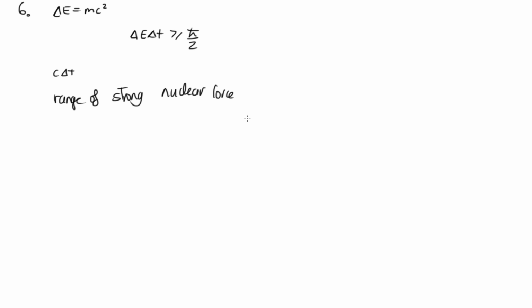So we're asked to use this to find the range of the strong nuclear force, which it can do by exchanging neutral pions. So the mass of the neutral pion is equal to 264 times the mass of the electron. And we're asked to use this to estimate this range. Okay, so what we need to do is, well, let's get the uncertainty in E first.